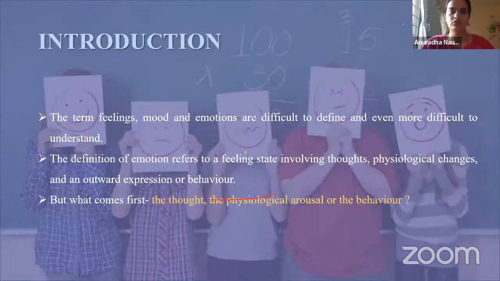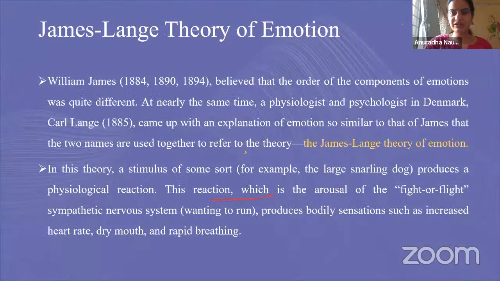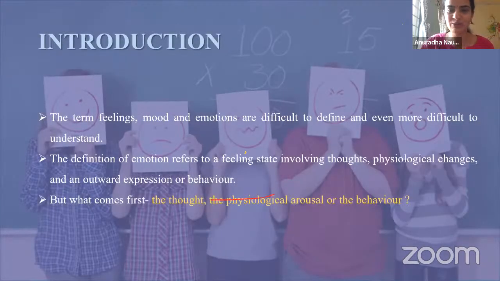Okay. So again, the introduction talked about the different emotions, the definition of emotions that involve physiological changes, thoughts, and outward expression. And why we are reading the theories is because we are trying to see what came first, the chicken or the egg, in respect to emotions: the thought, the physiological arousal, or the behavior.